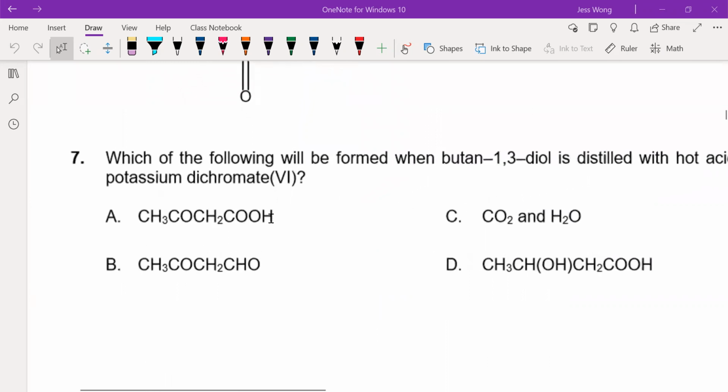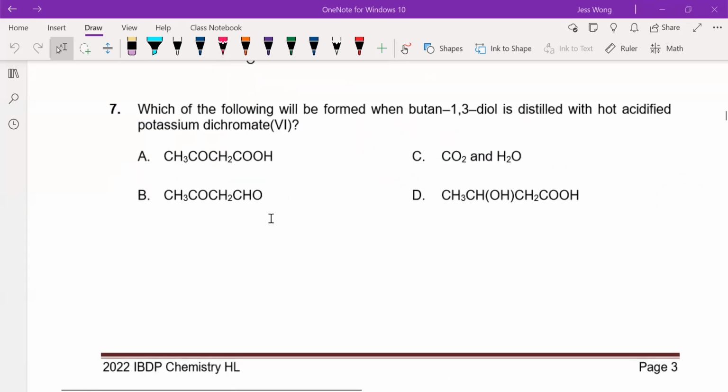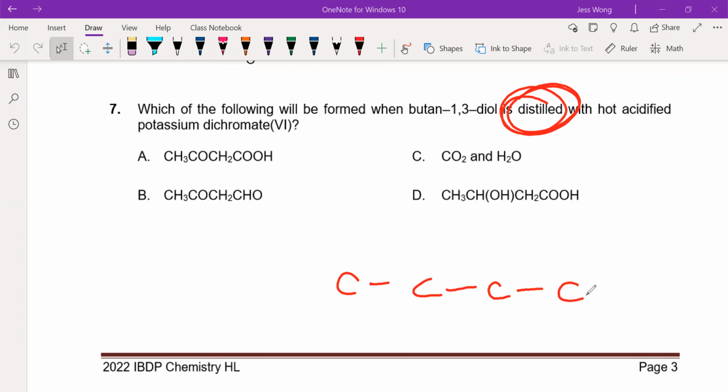Question 7. Which of the following will be formed when this is distilled with dichromate? So the key word here is distilled. So let's draw out butane-1,3-diol. Right. So again, classify first. So you'll find that this is a primary alcohol.